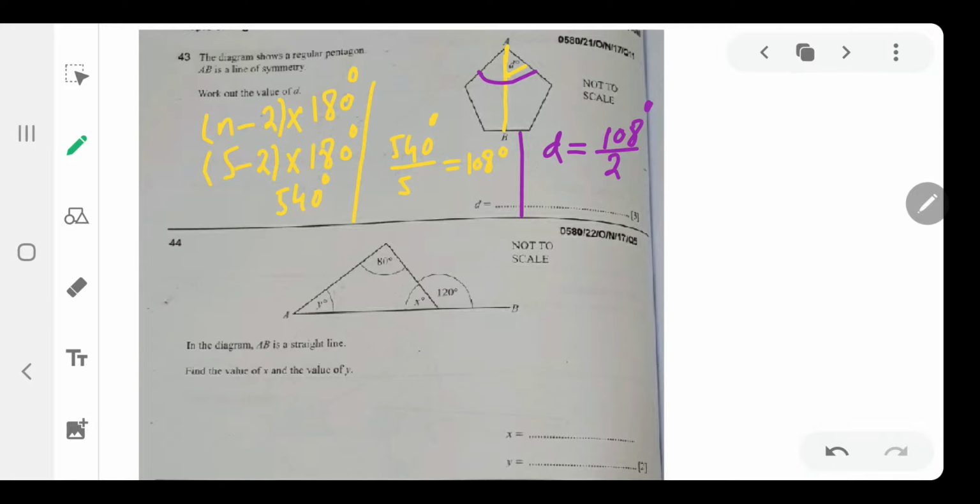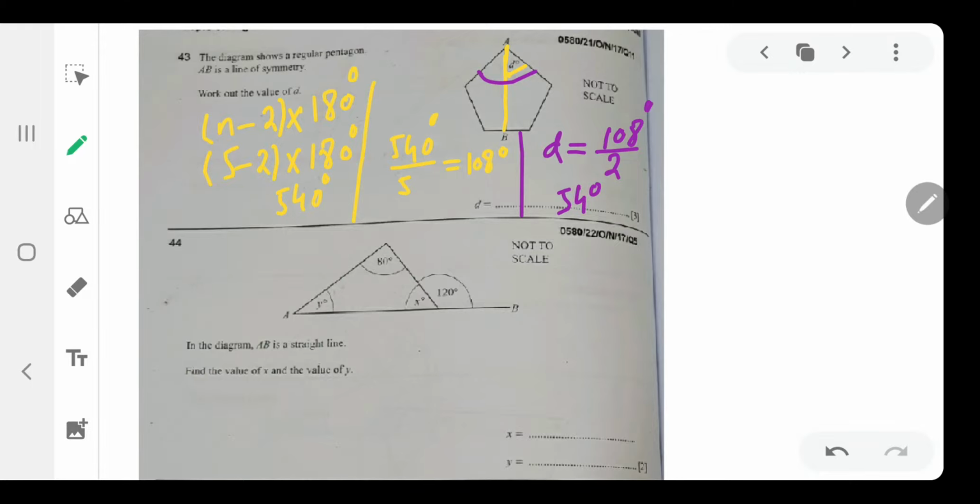Because AB is the line of symmetry, 108 divided by 2 is 54. The value of d is 54 degrees.